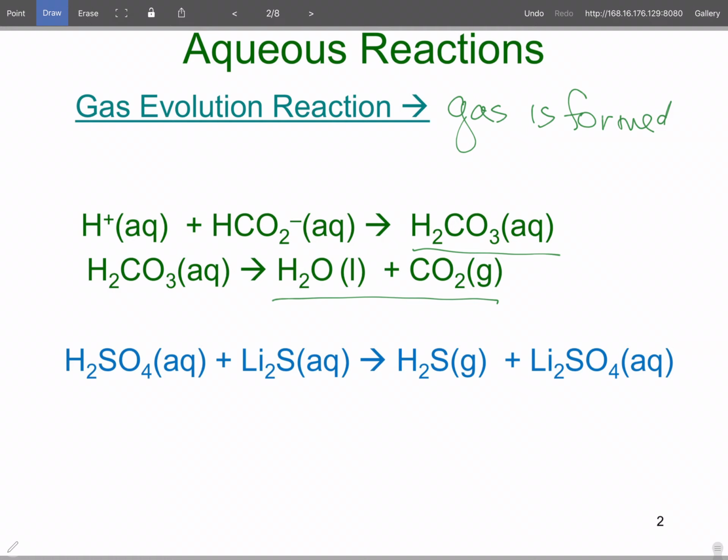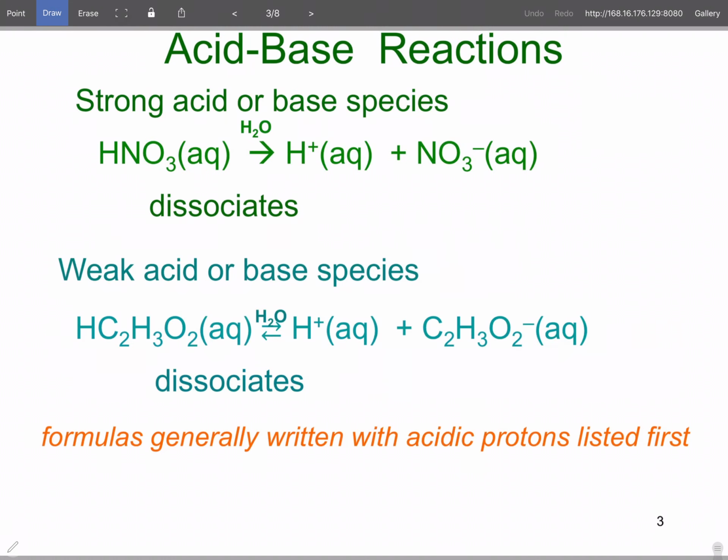So you could actually end up with a net ionic reaction there. Same thing with this process: instead of forming a precipitate, you're forming a gas. And so the net effect is this one is still aqueous, and aqueous. You're generating a gas, so you would generate a net ionic equation as well.